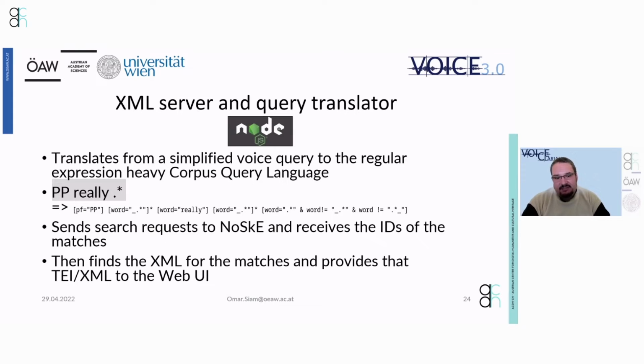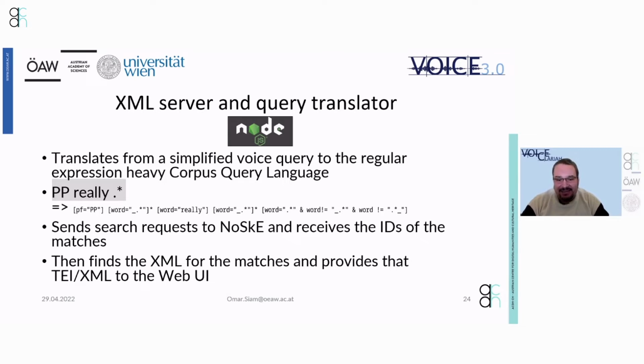On the server side, we use the API and the very powerful Corpus Query Language of NoSketch Engine, a query language which is actually, as you saw, overpowering many people. But we accept a query language that is easier to use and looks more like what you are familiar with from voice.